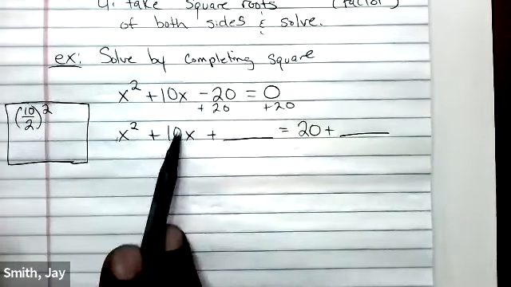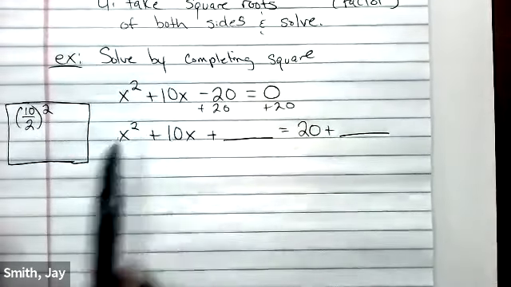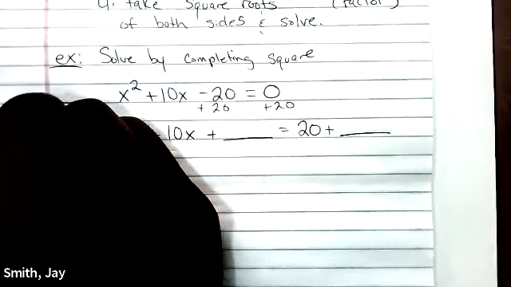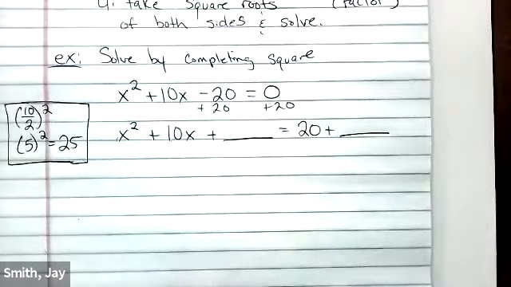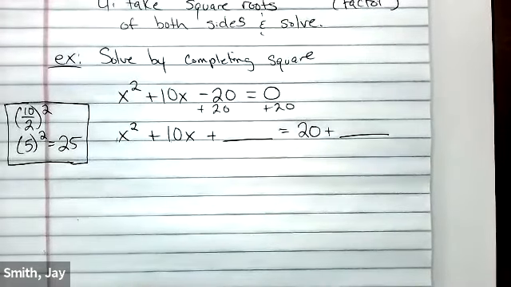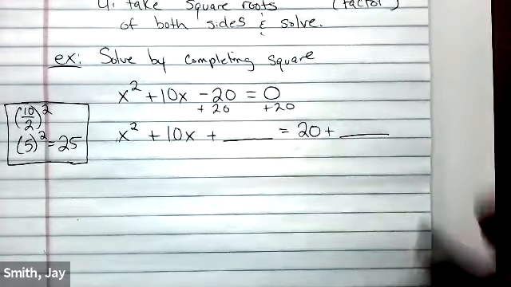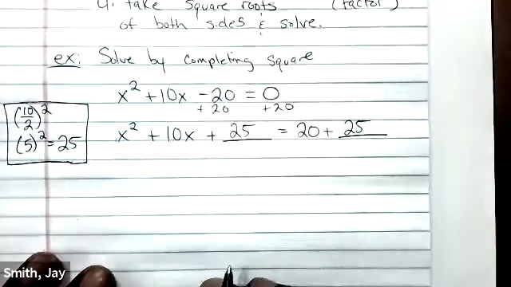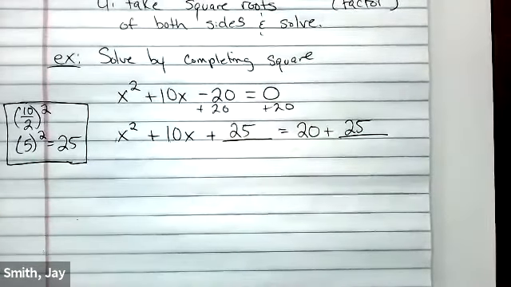Remember, we got that 10 by taking the number in front of the x term. We know 10 divided by 2 gives me 5, squared, is the number that we're going to have to add to both sides of my equation. It's 25. So we're going to add 25 here, and to keep the equation balanced, I'm going to add 25 to the other side as well.